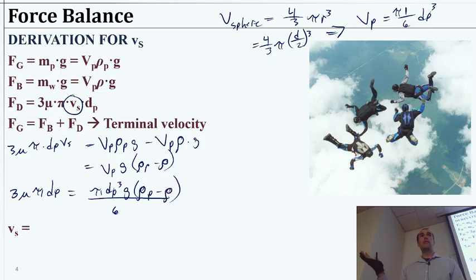Okay, now you can see we can simplify things pretty nicely. If we divide both sides by the pi, those will cancel. Divide both sides by mu, mu will come to the bottom. Divide both sides by 3, we'll get 18 on the bottom.